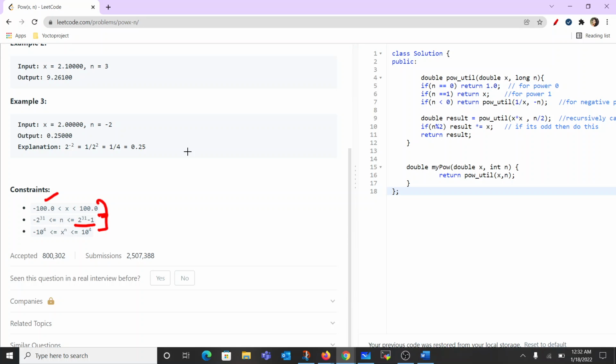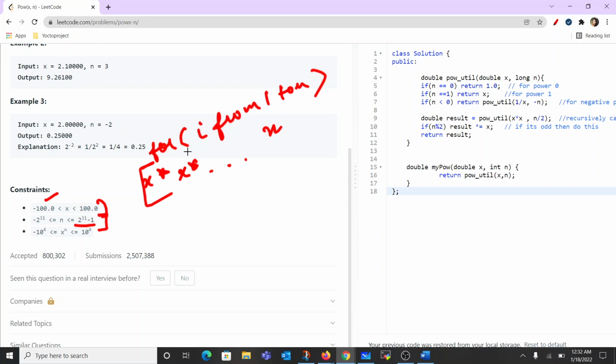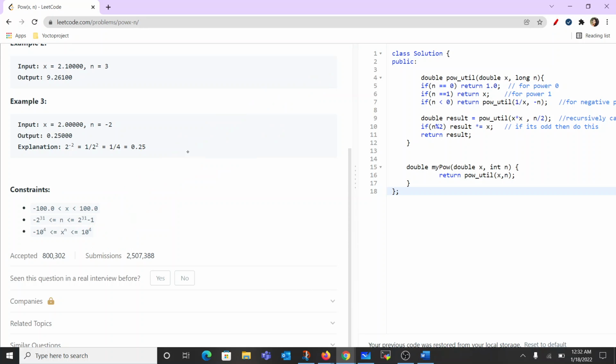By brute force, I simply mean that we would be multiplying x with x until n times, basically just using a for loop going i from 1 to n. This would be the brute force which we could use, but we can't use it because of the constraints mentioned here. So we are required to optimize this solution in such a manner that it doesn't give us TLE.